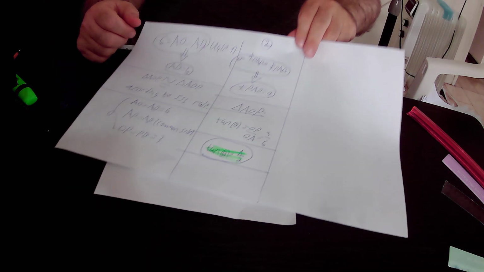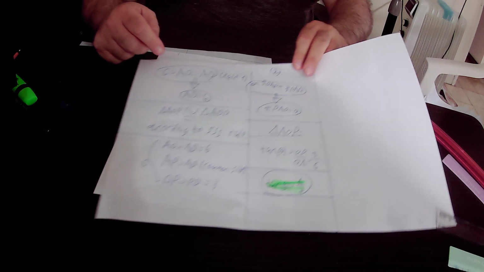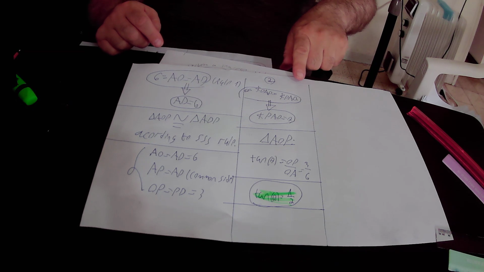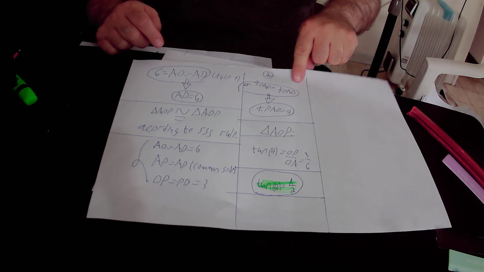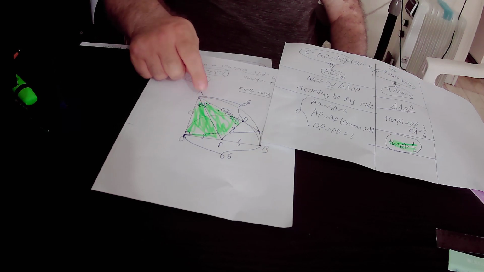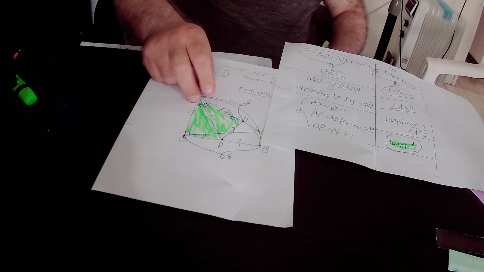So if we define angle OAP as theta, then from the equation theta equals angle OAP equals angle PAD, we derive that angle PAD is also equal to theta. So those two angles are both equal to theta.